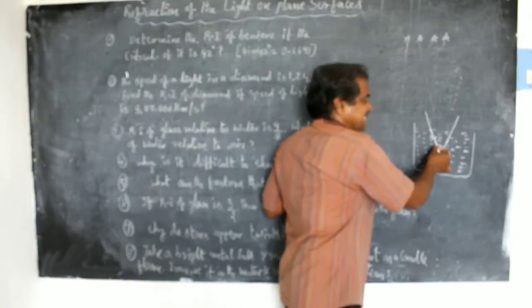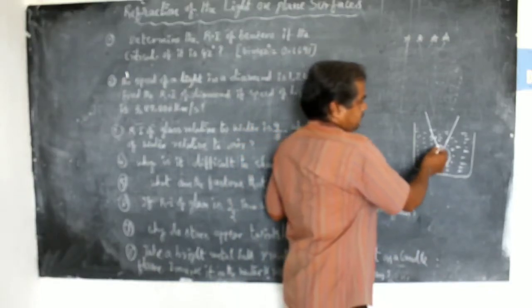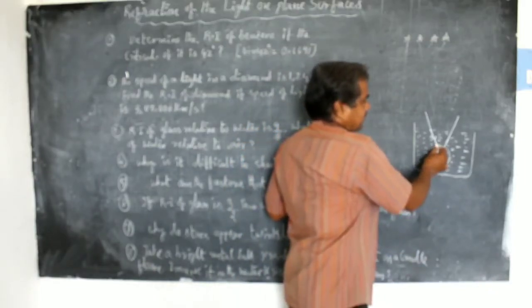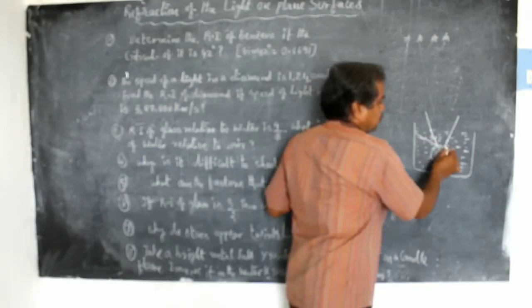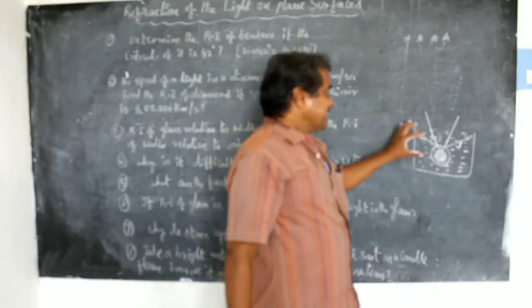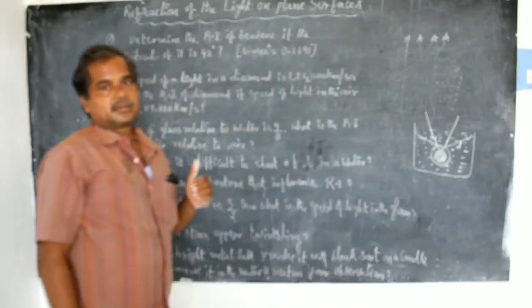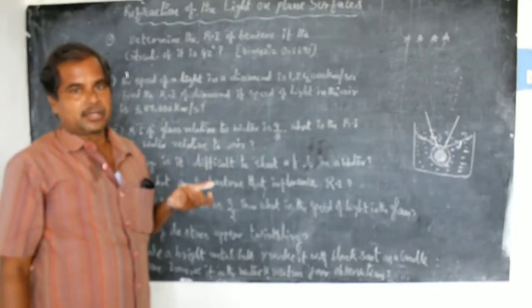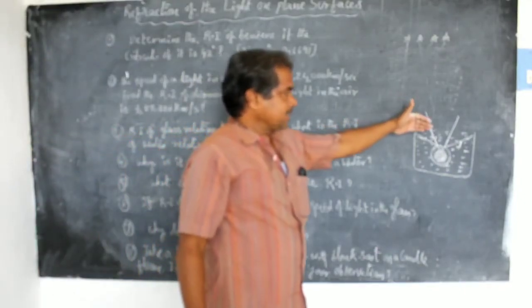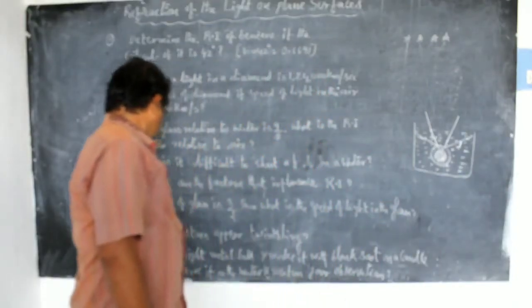If the incident angle of this light ray is more than the critical angle of water, what happens? This light ray gets total internal reflection, so this metallic ball appears like a shining metallic ball because the light rays get total internal reflection. Okay.